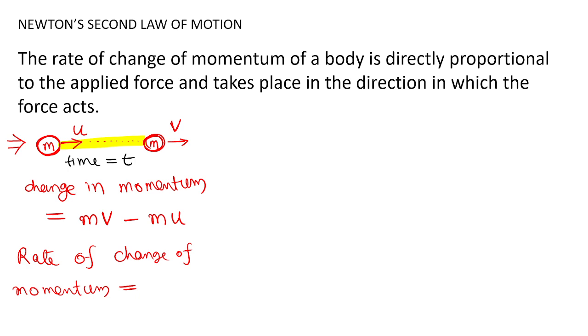In t seconds this much change happens. So in 1 second how much change? mv minus mu divided by t. Correct. I will repeat. In t seconds this much change happened, so in 1 second the change will be mv minus mu divided by t.